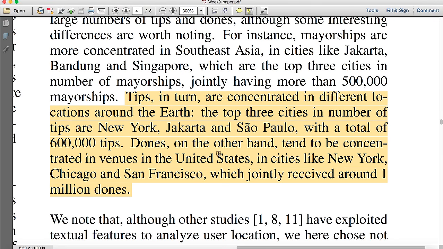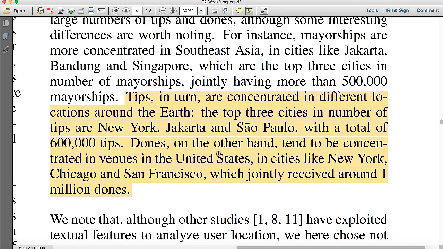So if you look at the tips, they are concentrated in different locations around the earth. If you remember, tips are the content that people post for a particular venue. The top 3 cities in the number of tips are New York, Jakarta, and Sao Paulo, with a total of 600,000 tips.